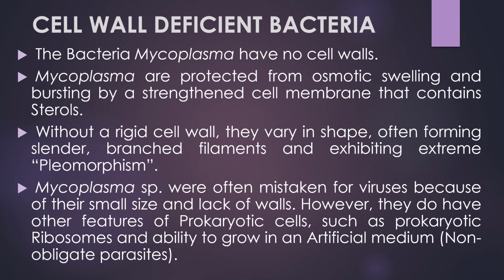Ribosomes are absent in viruses, and viruses are obligate parasites because they will not be able to grow in artificial medium. These two characteristics differentiate Mycoplasma from viruses, which previously was an important factor in mistaking viruses for Mycoplasma species.